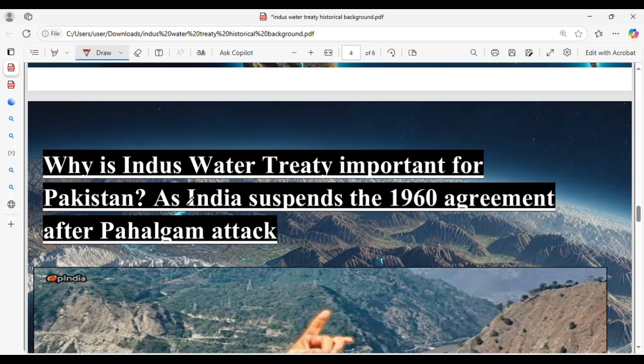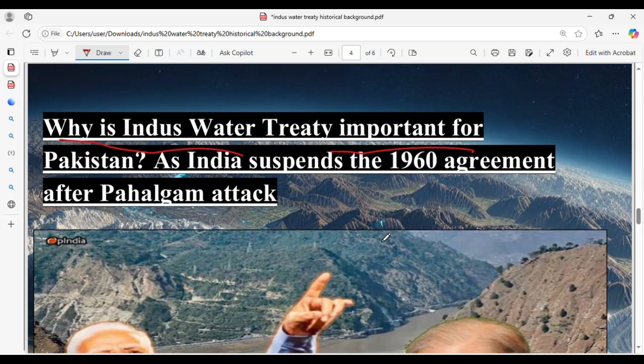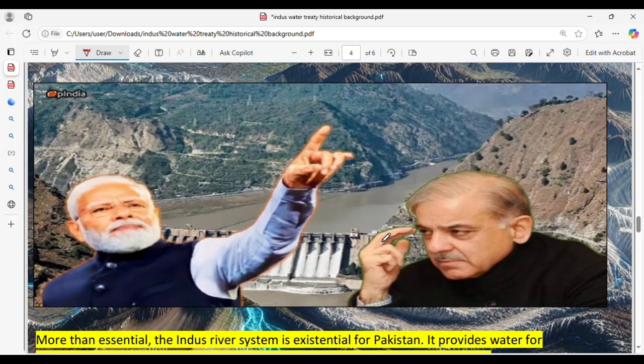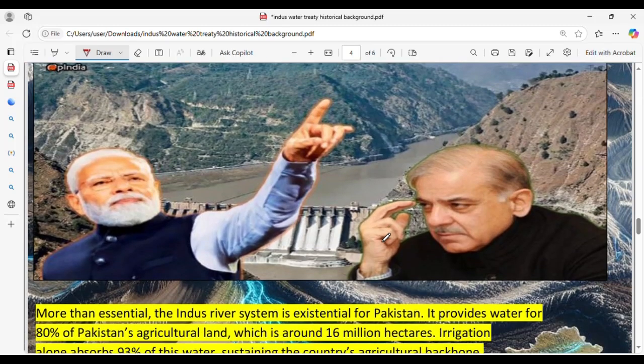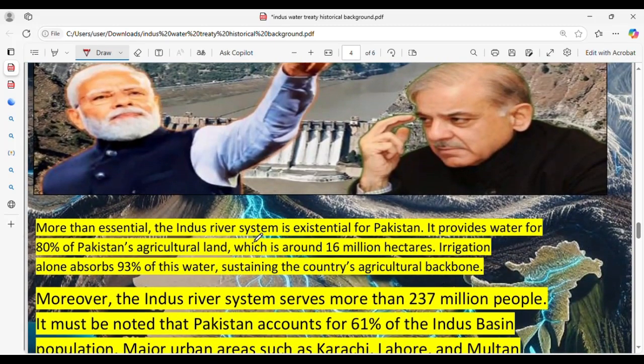Now we will be discussing why the Indus Water Treaty is important for Pakistan, as India suspends the 1960 agreement after the Pahalgam attack. More than essential, the Indus River system is existential for Pakistan.